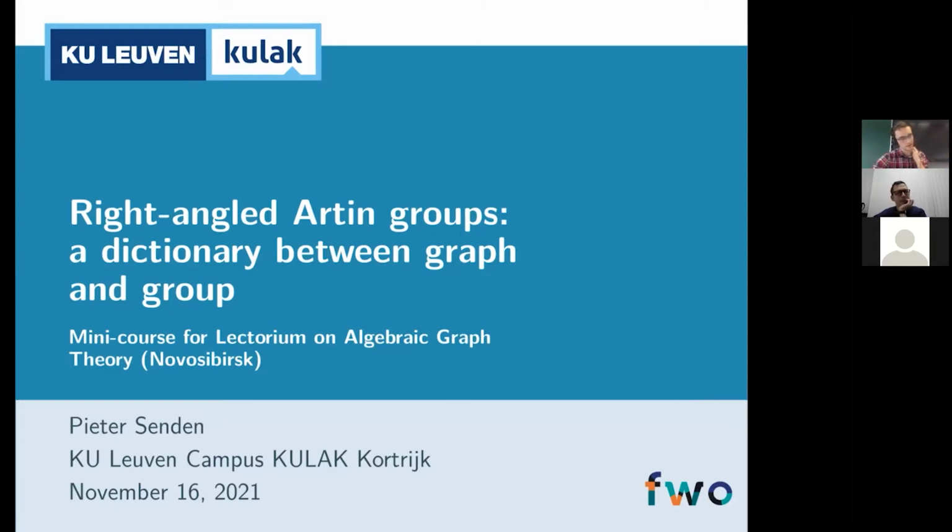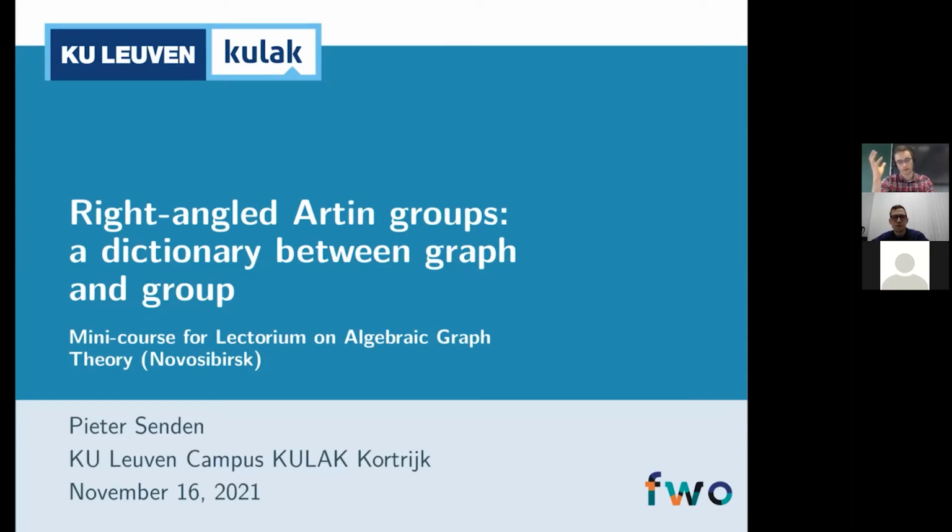So today, I will give the first of two lectures regarding right-angled Artin groups. Today, it's aimed at a more general audience, in the sense that I will give examples of how algebraic properties of the right-angled Artin group translate to the graph theoretical properties of its associated graph and vice versa.